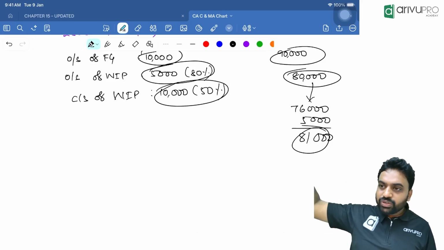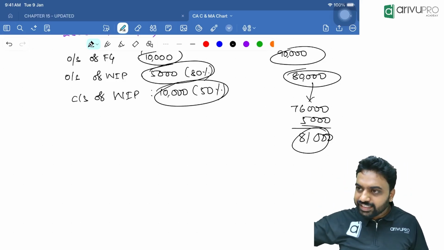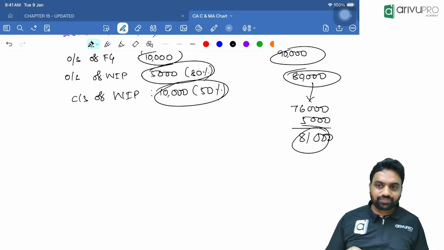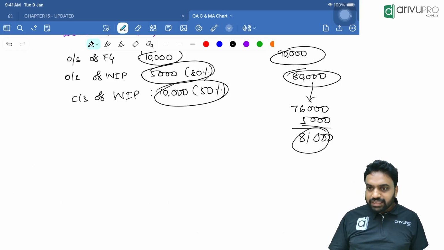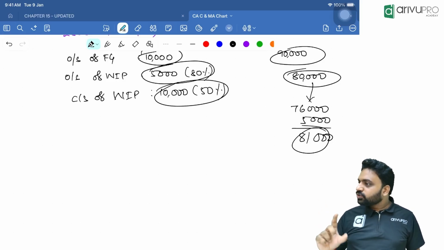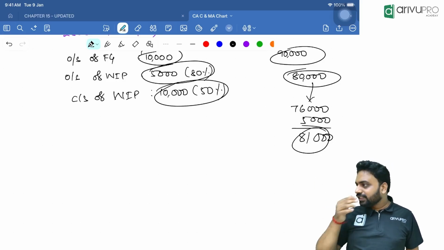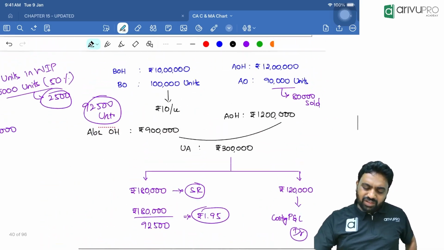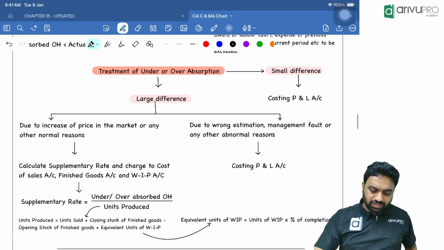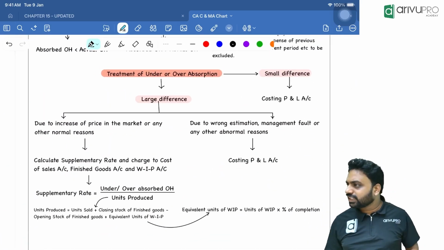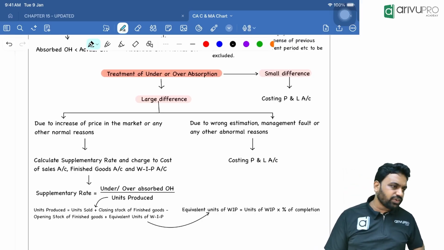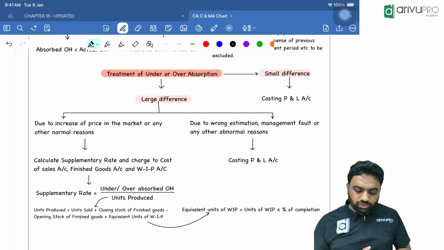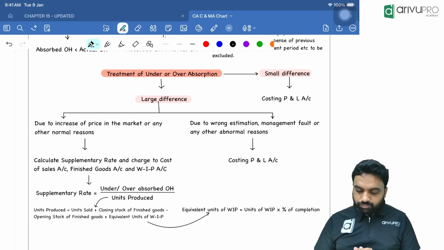Whatever was already produced, exclude it. Whatever is not completely produced but a portion is used, add it. That is the opening stock adjustment. Very rare case. So far it didn't come, but in the regular class we have discussed it in depth. Just go and check your notes. You will understand it. Now I am not going to take you through that.